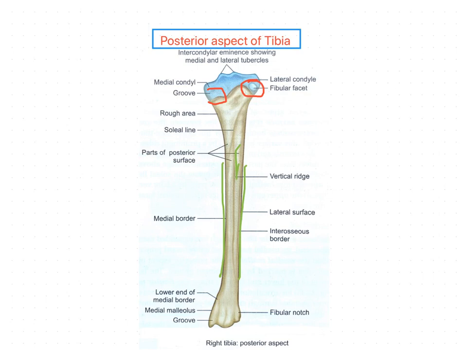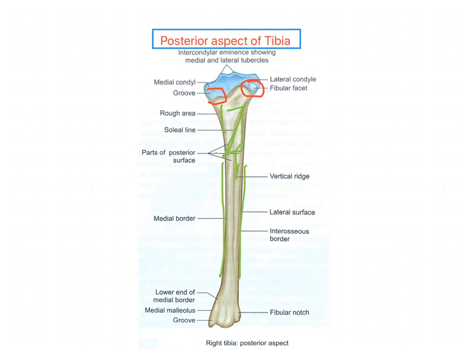Over the upper 1/3 of the shaft, this surface is marked by a prominent ridge that runs downward and medially across it. This ridge is called the soleal line.